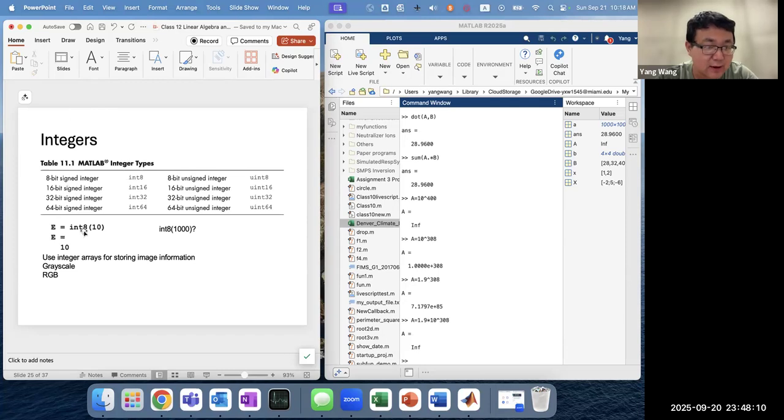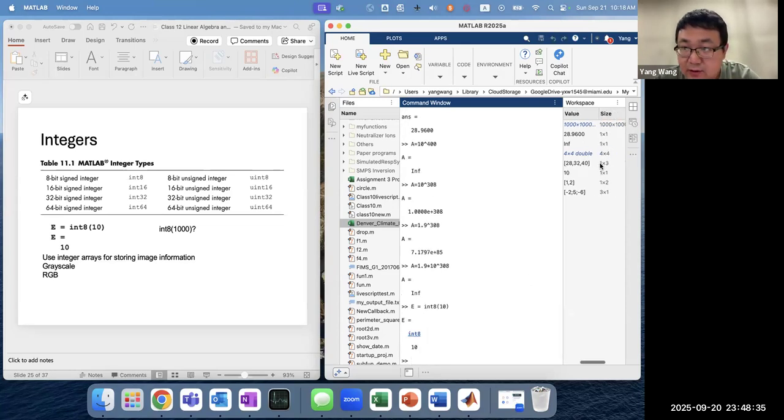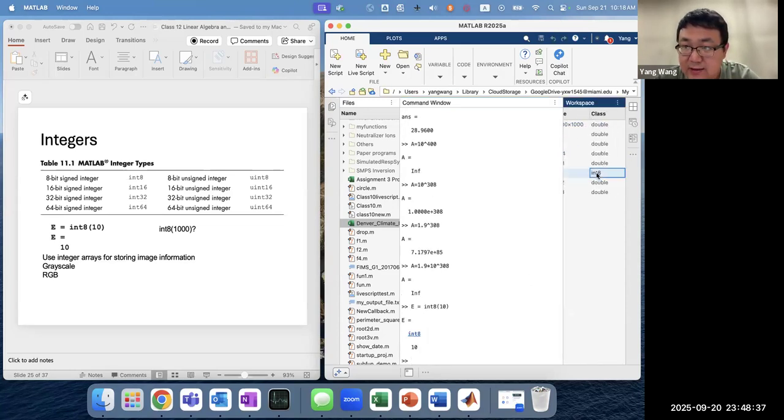So if you convert the number 10 into an integer, int8 means the 8-bit signed integer. It only assigns 8 bits to store this number. So if you use, let's say, e equals int8 of 10, then you see that the class is int8.